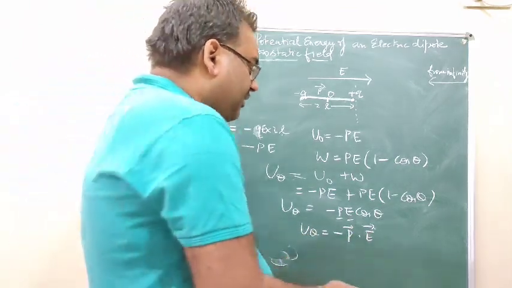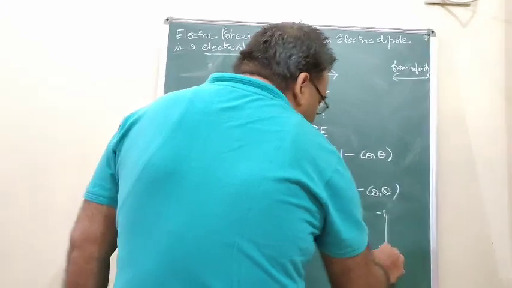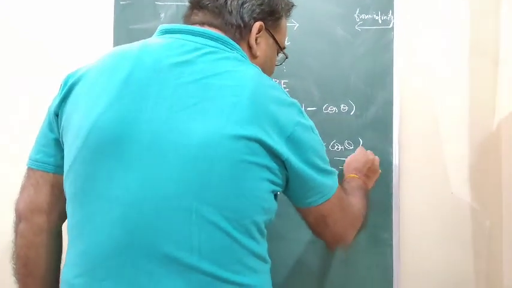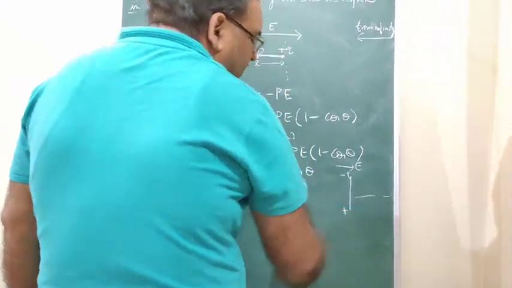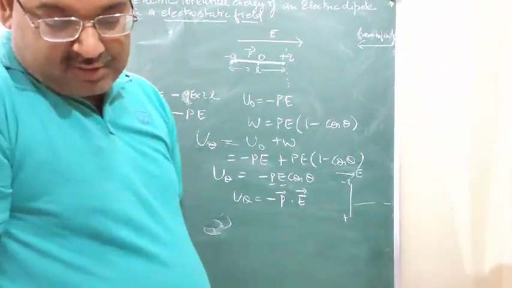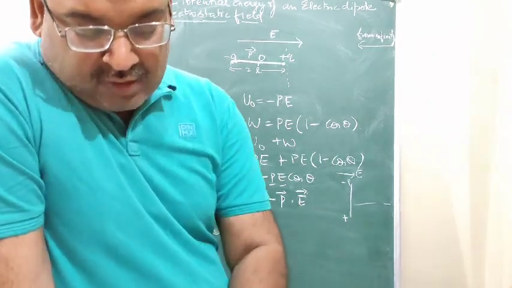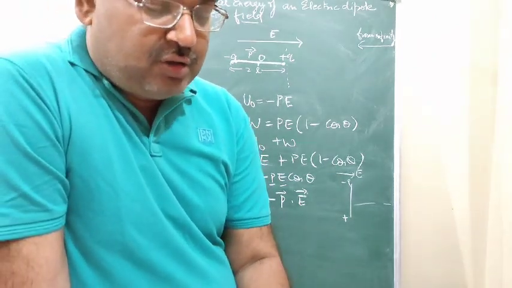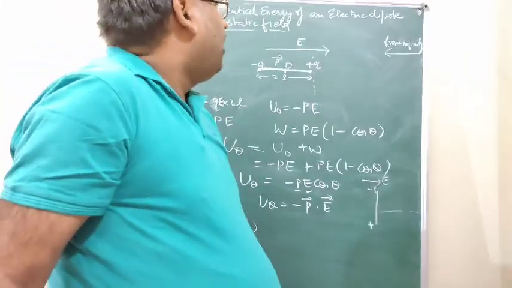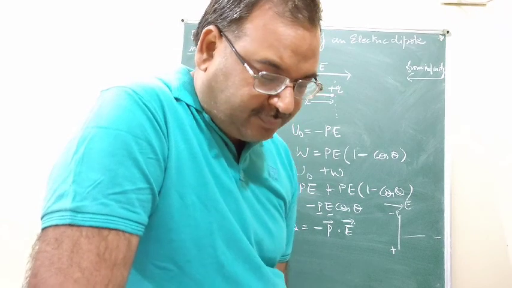If the dipole, minus q and plus q, is brought in the electric field, it will travel the same distance from infinity to the given point, then work done will be the same, so potential energy will be equal to 0.